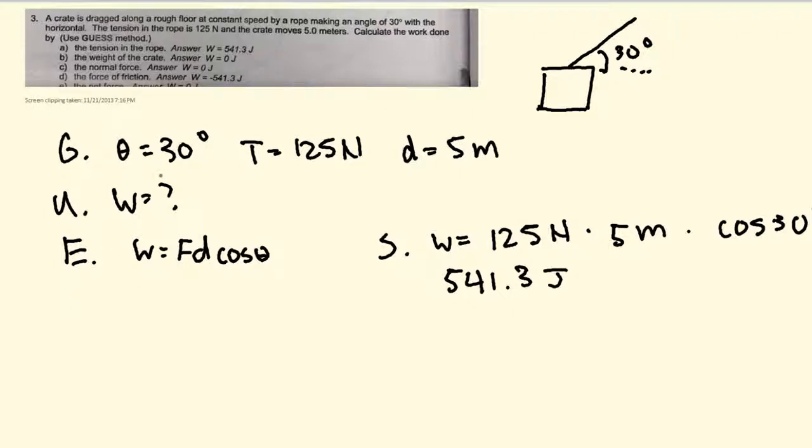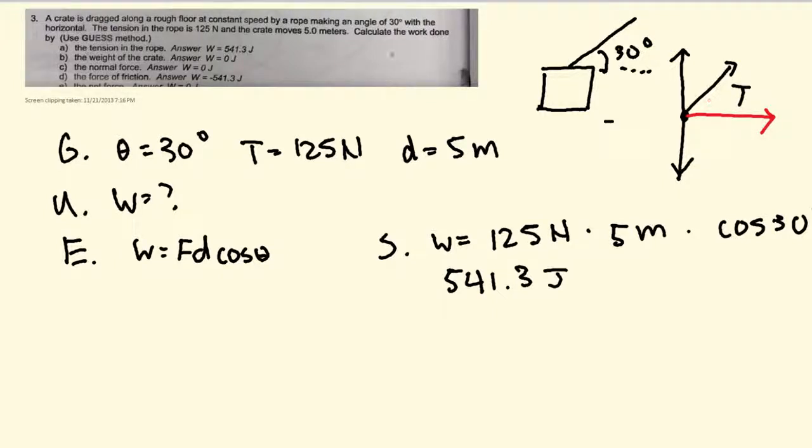Next up, they want us to find the work done by the weight of the crate. If we draw the FBD, this is the force of tension, this is the normal force, and this is gravity. But our displacement is in this direction.